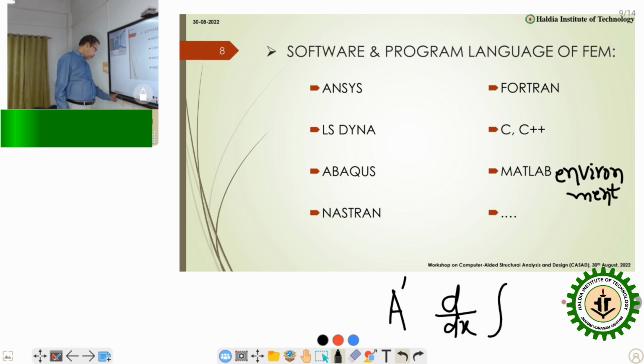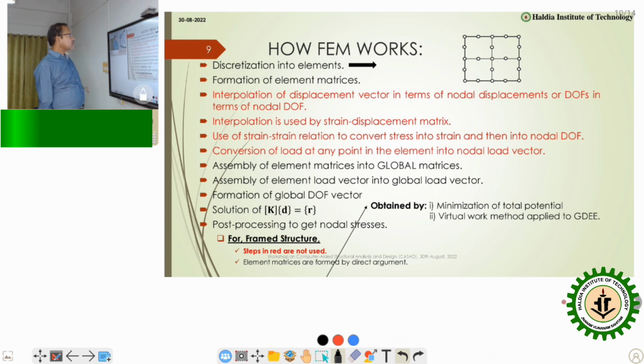Then, what are the steps through which it works? First of all, as we have discussed, discretization into a number of elements. It is clearly shown in this figure.